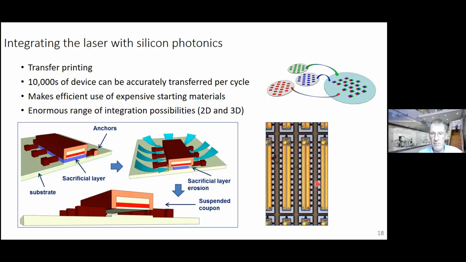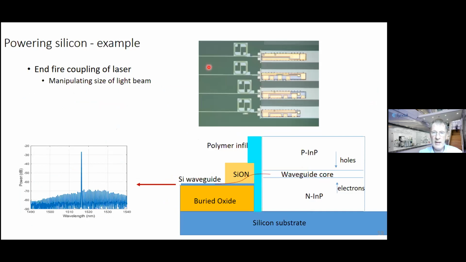This is an optical microscope picture of a laser. It's about 600 microns long. It's got gold pads for the P contact and the N contact, and it's held and suspended in place using a polymer material. So we can take those individual devices and put them onto a silicon circuit where we can shine the light from our device into the waveguide.